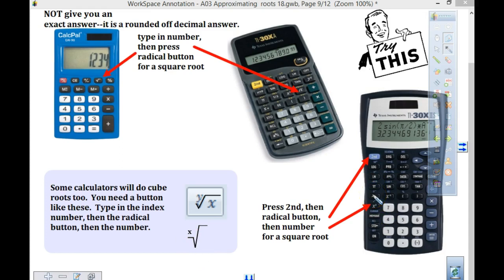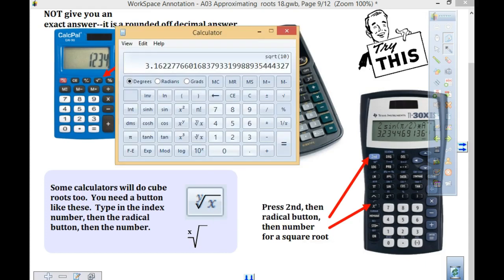On this one, it's the y to the x here, and above it there's a key. On my calculator, mine has it up here, but I want to show you how you do it this way.